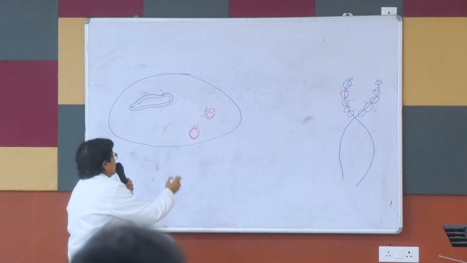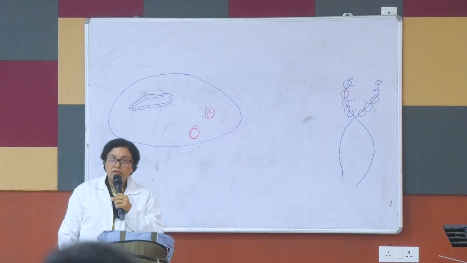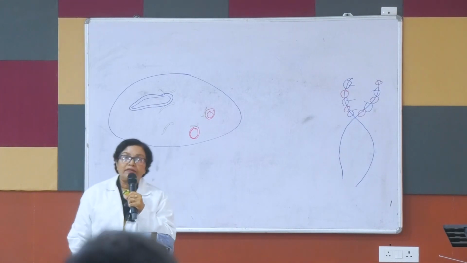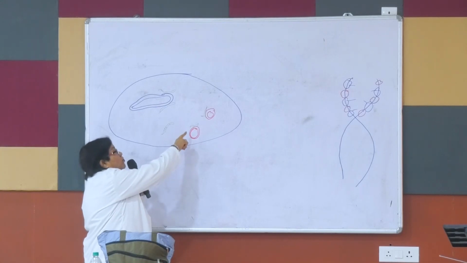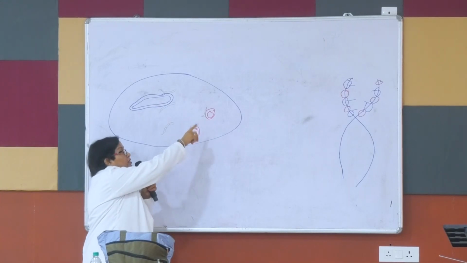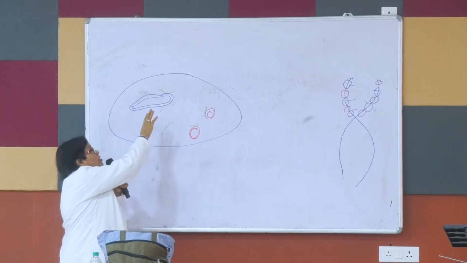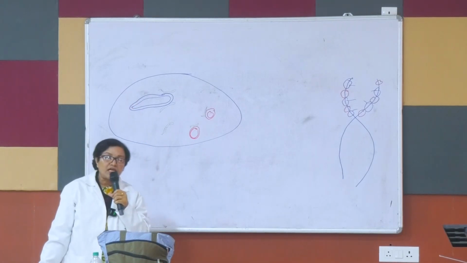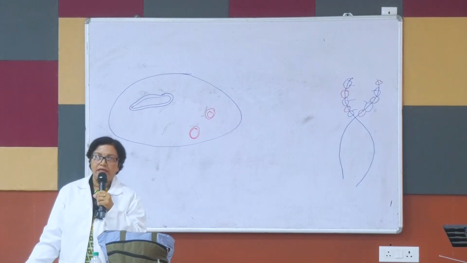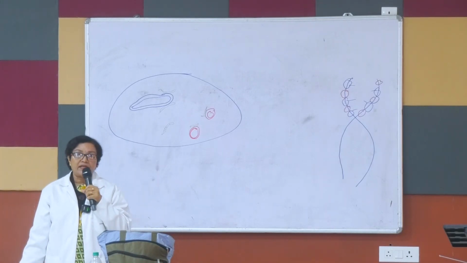plasmid and transposon. Transposons are also free DNA, and these can jump from one plasmid to another, from one plasmid to chromosome, from one side of the chromosome to another side. For this nature, it is called jumping DNA. And what is its extra character?